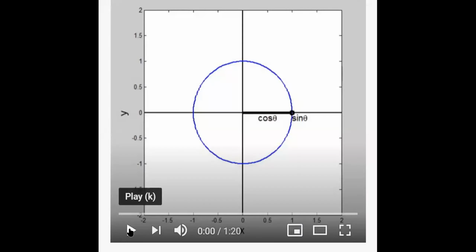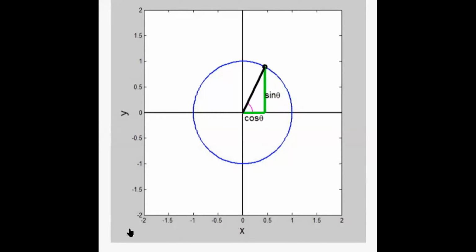So here we have our circle, and here's what's happening. First, let's observe the signs of cosine and sine. In the first quadrant, both cosine and sine are positive. In the second quadrant, cosine becomes negative, sine is still positive.